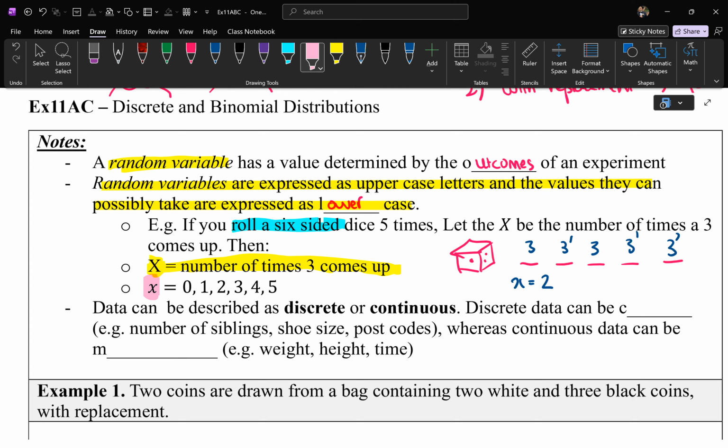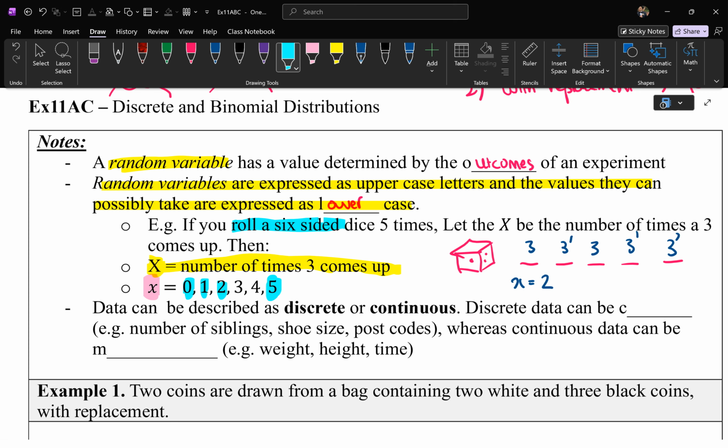Well, you got 5 trials, it's one experiment, but 5 trials. What's the maximum number of 3s I can get? I can get all 3s. 1, 2, 3, 4, 5. So I could get 5 3s. That's why there's a 5 here. Or I may not have gotten any 3s at all. So my minimum would be 0. So this now represents 0, 1, 2, 3, 4, 5.